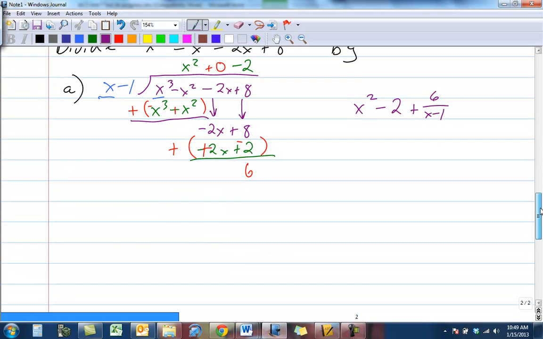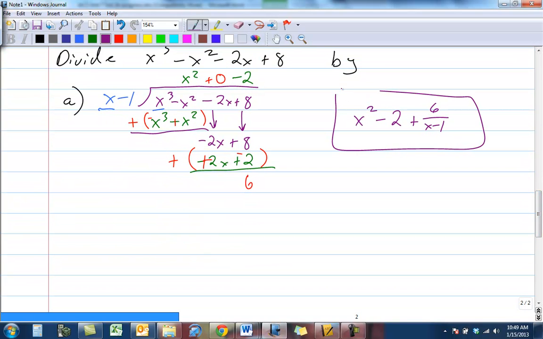Let's do another one. Part B, we're going to divide by x plus 2. Oops, I'm going to move this away a little bit.